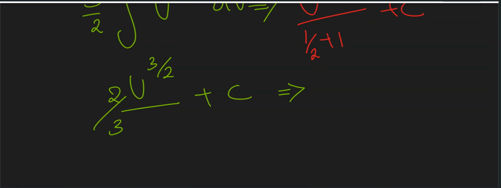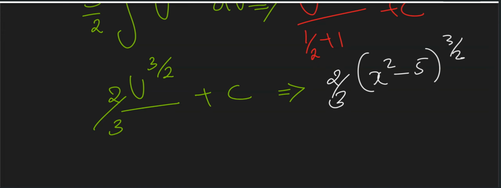So we will get 2 over 3 times x squared minus 5, power 3 over 2, plus c. So this is how you solve by use of U-substitution, simple, nothing complicated.